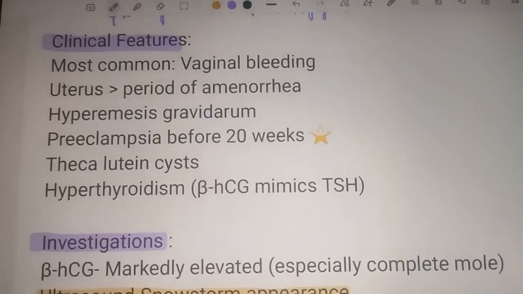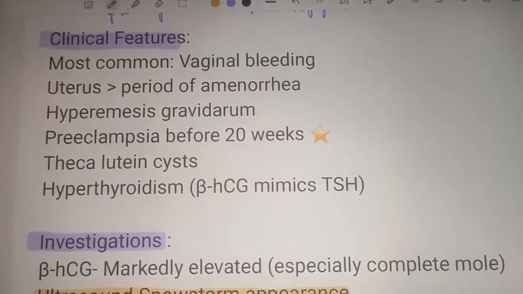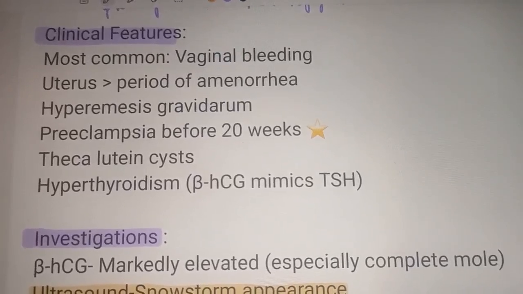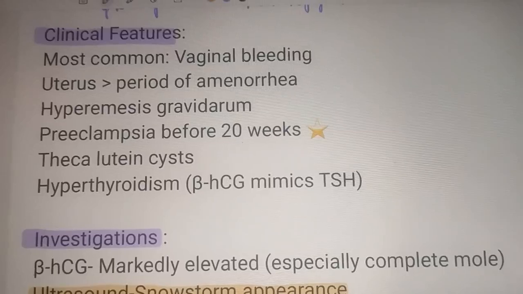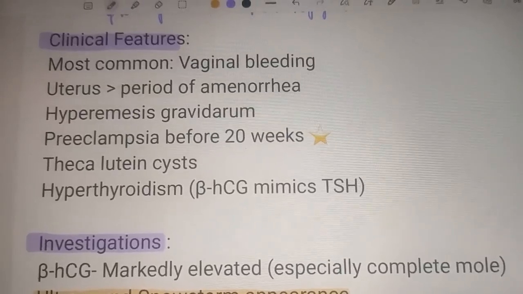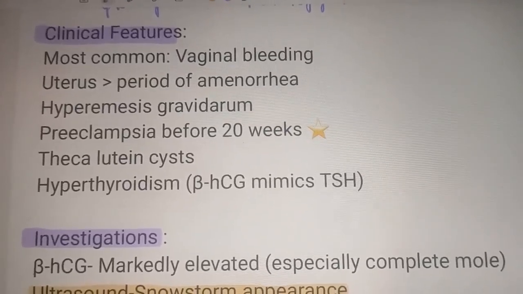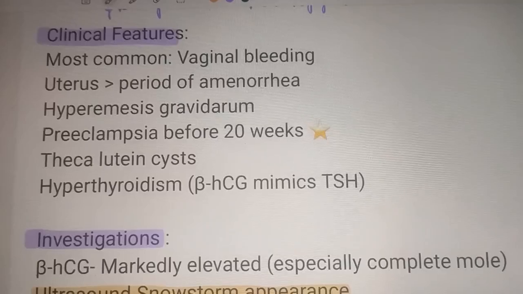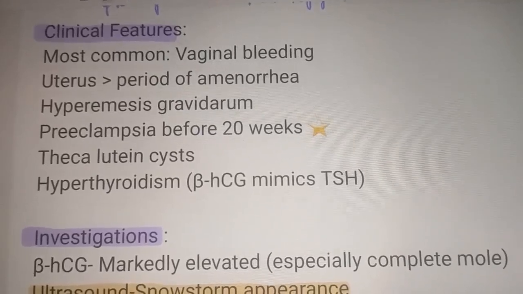Then size of uterus more than period of gestation, and on per abdomen examination, it feels like doughy abdomen. Patient will have PIH at early stage because trophoblast is not able to overcome the resistance.